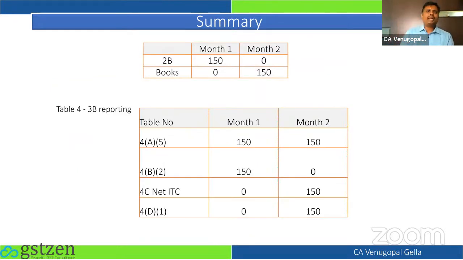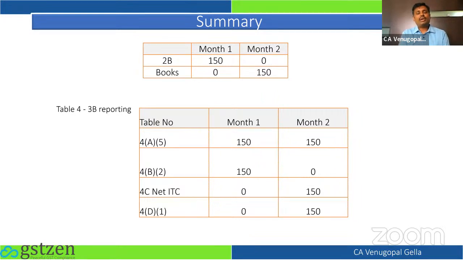Let's say in 2B, you have the credit in month 1 of 150 rupees. In the books, you do not have the credit. In month 2, there is nothing in 2B, but in the books, there is 150 rupees. How are you reporting? In the first month, you will report 4A5 as 150. Since you don't know, you will reverse it temporarily through 4B2. The net credit is 0.